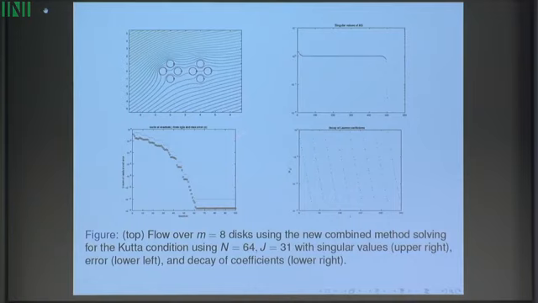Another diagnostic tool is to look at the decay of the Laurent coefficients. They're getting down to, well, I guess that was a pretty easy problem, so the magnitude of the smallest Laurent coefficients on each circle is near machine precision.